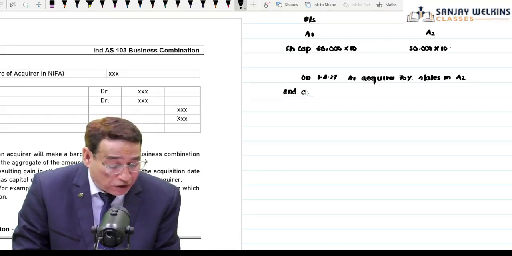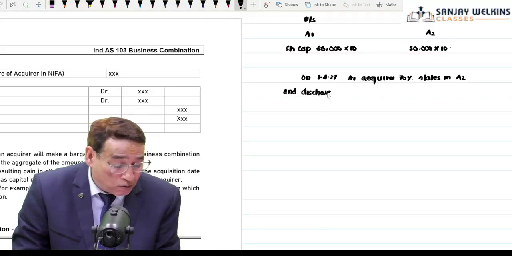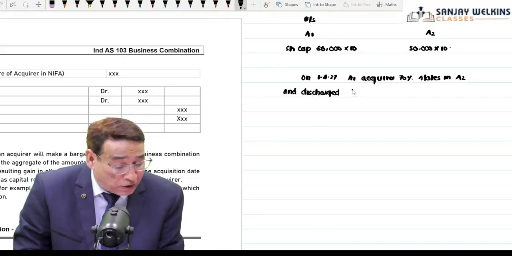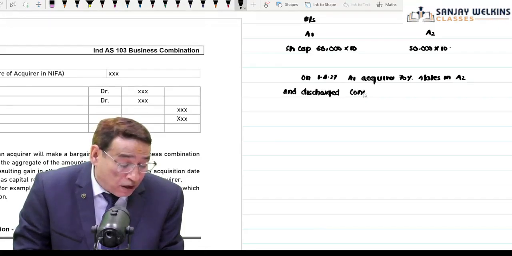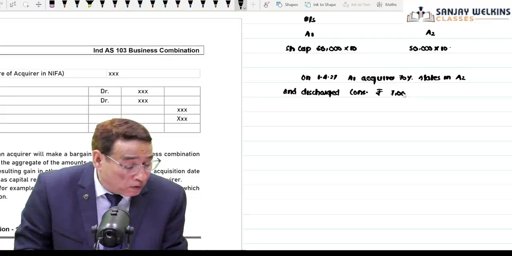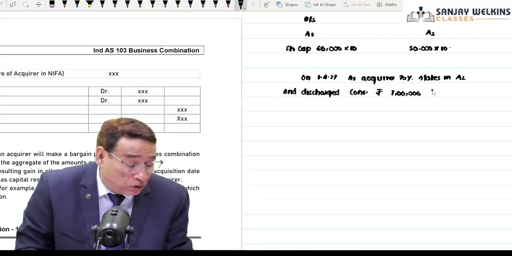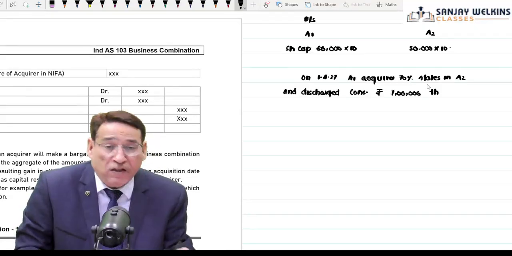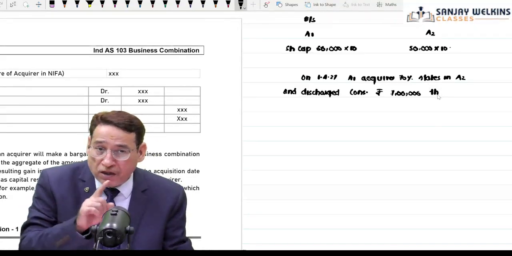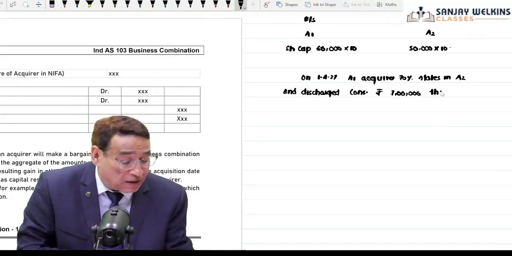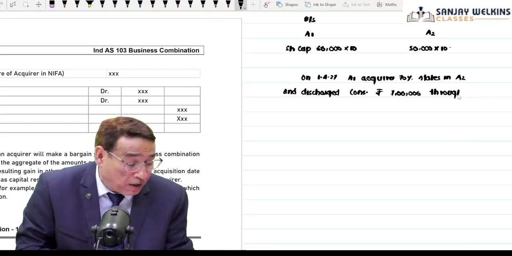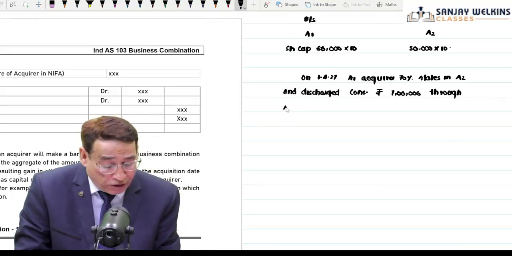Now pay attention here, you will understand it better. Last time we made the payment of purchase consideration through cash, but in this case I have written that the purchase consideration was discharged by A2 Limited through shares of rupees 10 each.